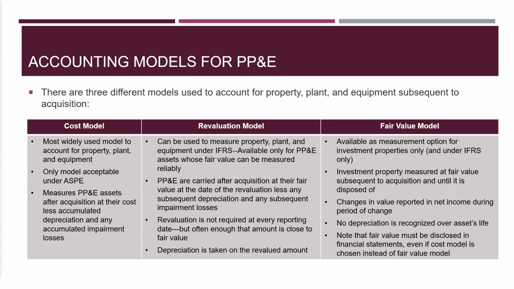This is the only model that is available under ASPE. Here your asset is recorded at cost and it is depreciated over its useful life. At certain time periods, we do look at the impairment on these assets. So your asset is going to be reflected at cost minus accumulated depreciation minus any accumulated impairment losses.